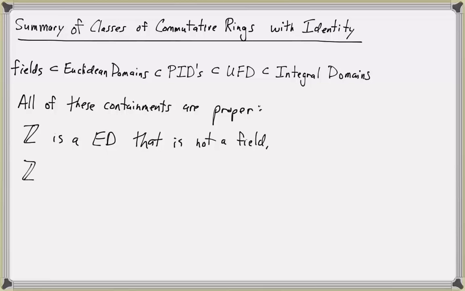Now we haven't looked at all the details. There's a proof in the textbook that the ring Z adjoin 1 plus the square root of negative 19 all over 2 is a principal ideal domain that is not a Euclidean domain.